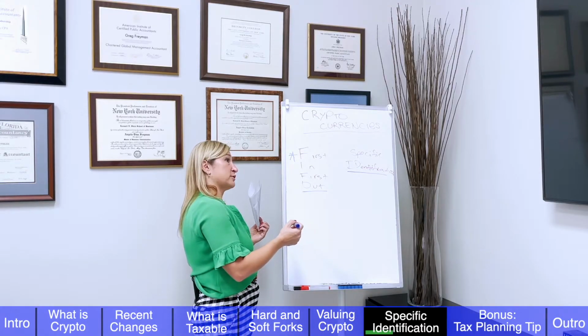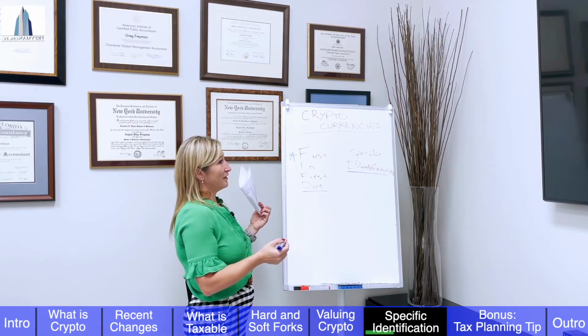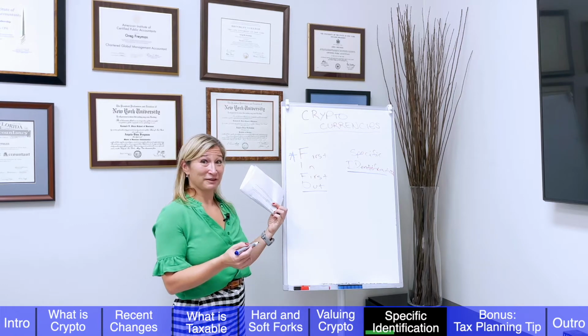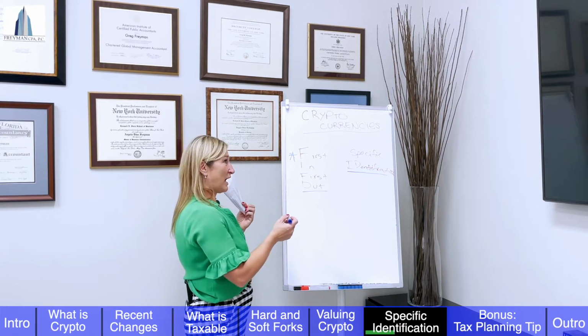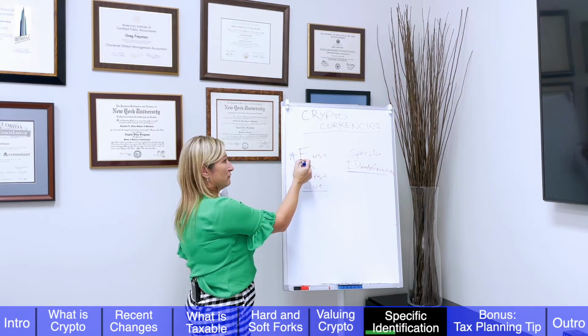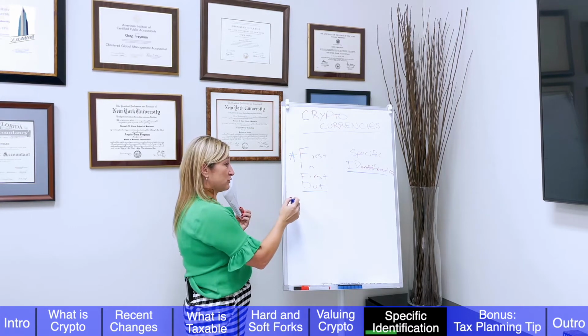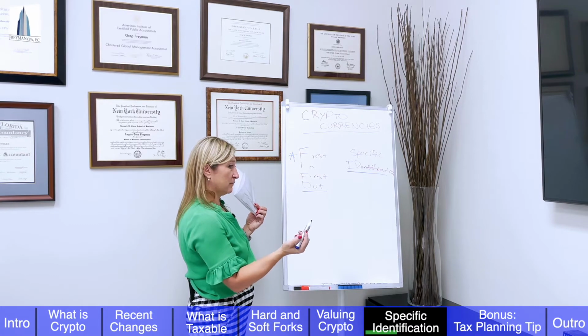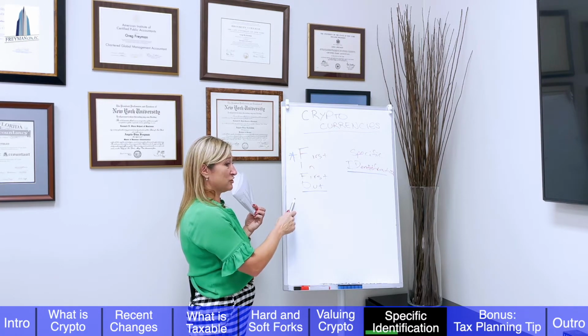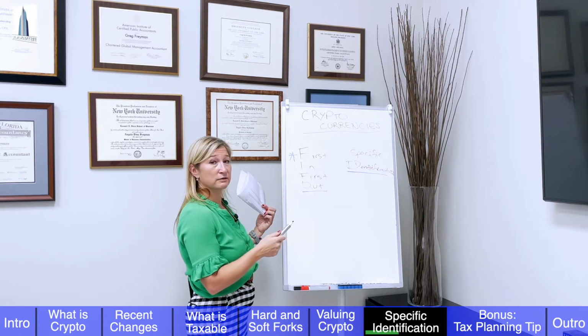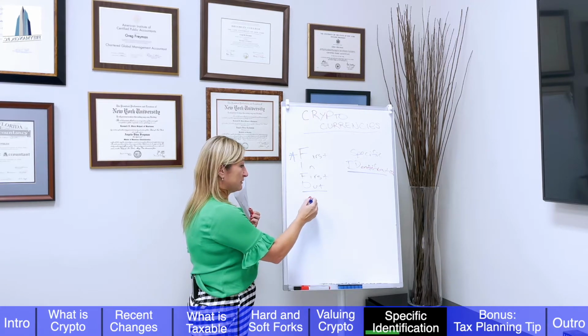Well, I just sold my Bitcoin, boy, did that appreciate in value, huh? I would have to report first in, first out. So that means if I just sold one Bitcoin, we're going to look at how much did I pay for it 5 years ago. Maybe I paid $10.